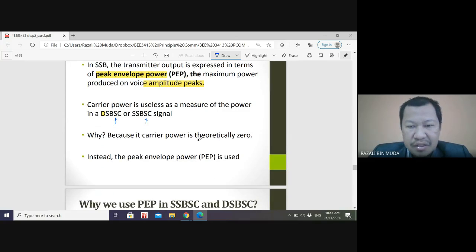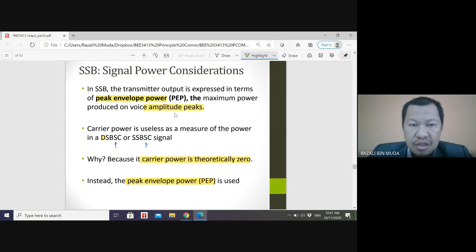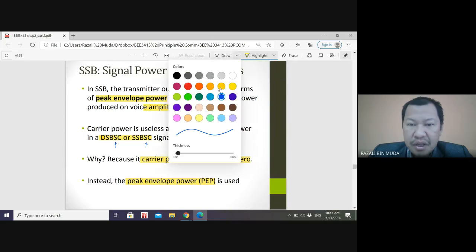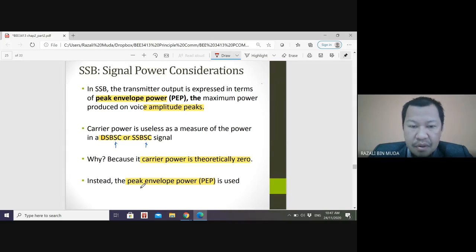Because the carrier does not exist; it is not existing anymore, so the carrier power is theoretically 0. Instead, the peak envelope power is used. For a signal without the carrier, they measure the power in terms of peak envelope power.